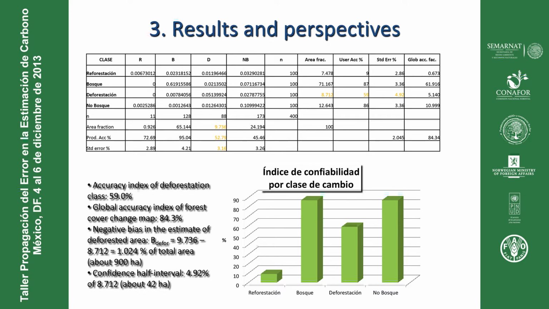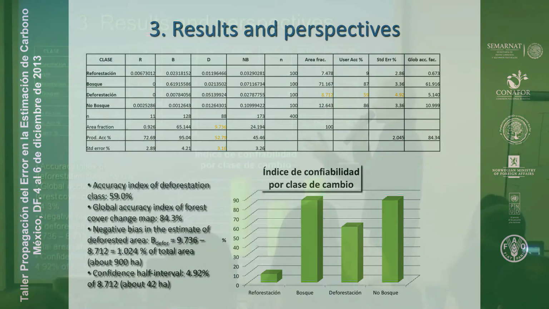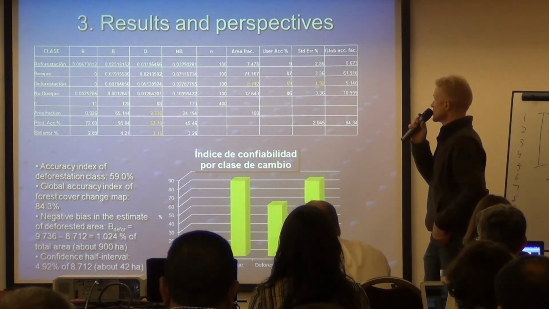and what we were trying to reason was using this type of simple exercise as a means of estimating errors in the carbon evolution, well, the evolution of the carbon stocks.